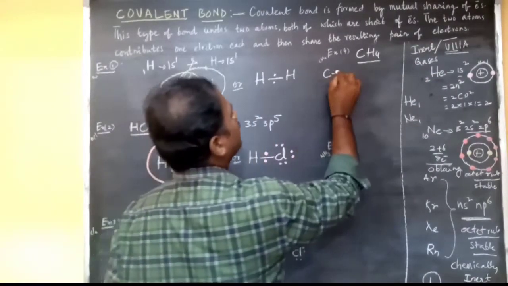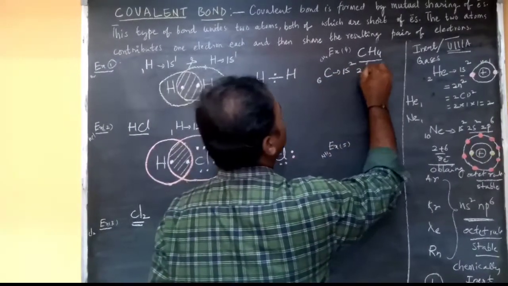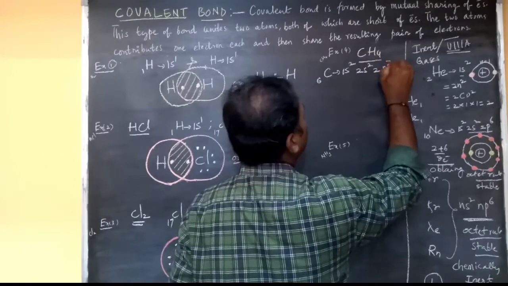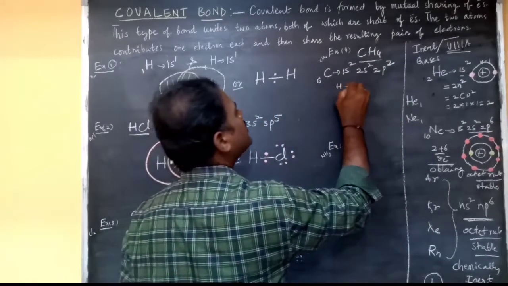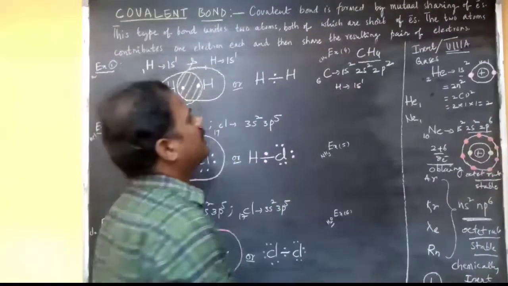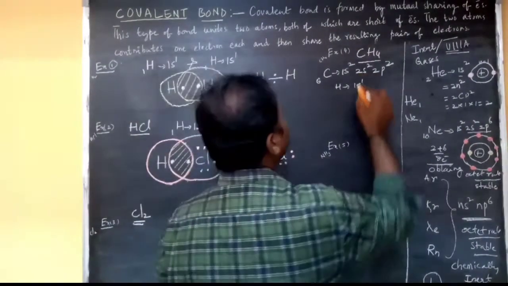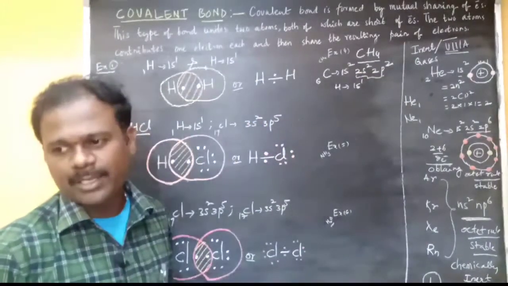So what is the electronic configuration, sir? Carbon has atomic number 6, 1s2 2s2 2p2, and hydrogen is 1s1. In carbon, 2s2 2p2 is the valence electronic configuration.